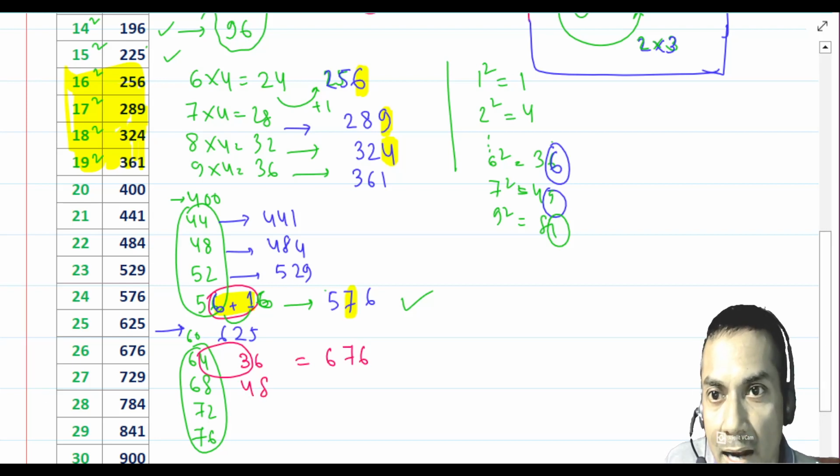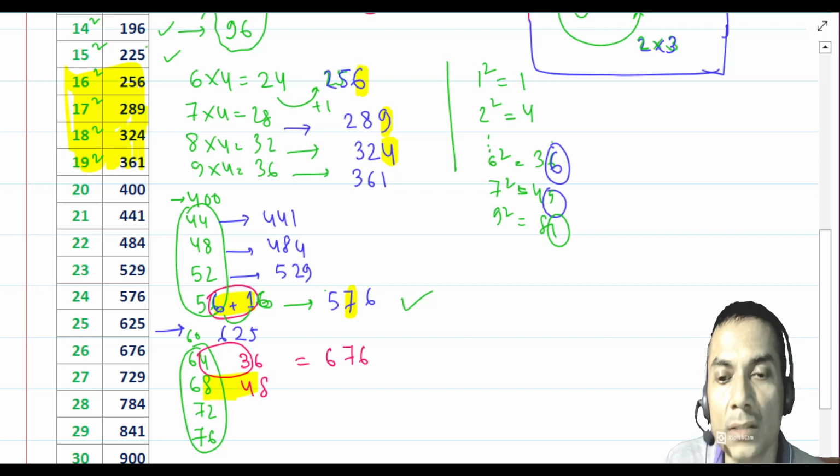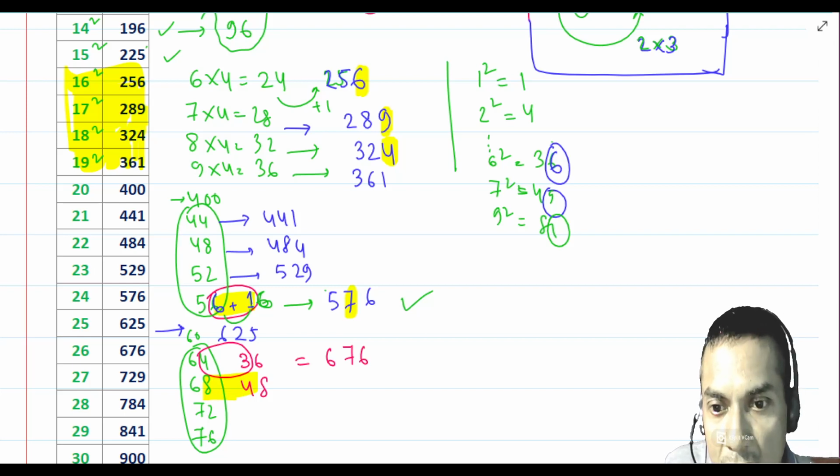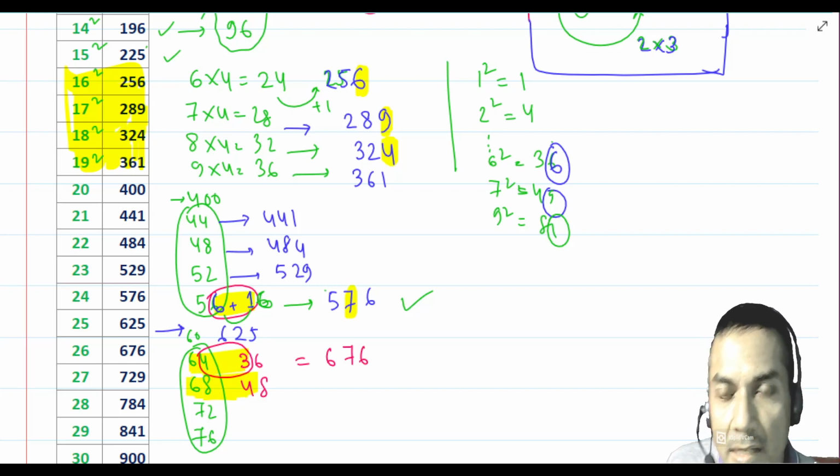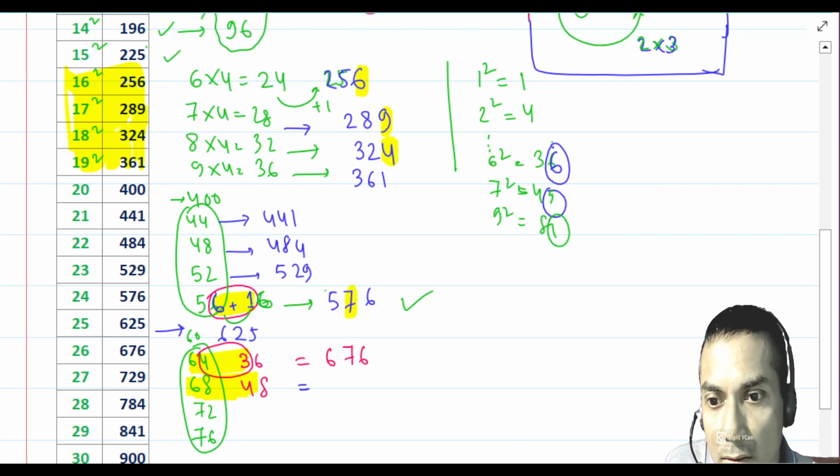You have to add this 4 to 68, so 68 plus 4, how much? 72. You get 72. Clear? 64 plus 3, 68 plus 4. The value will be 72, and the unit digit is very easy to remember.